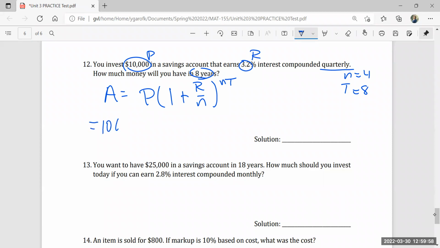So we're going to have $10,000 times 1 plus 0.032 over 4. So the 4 times 8. I'm going to enter this into our calculator.